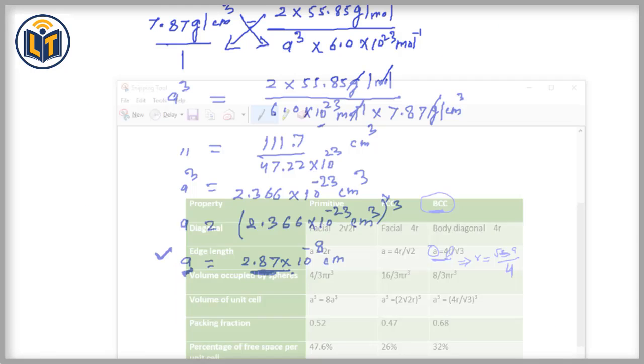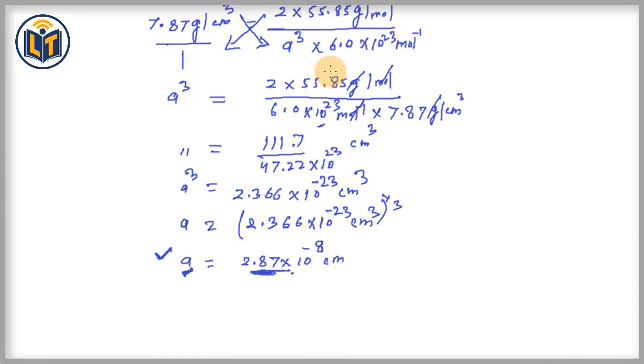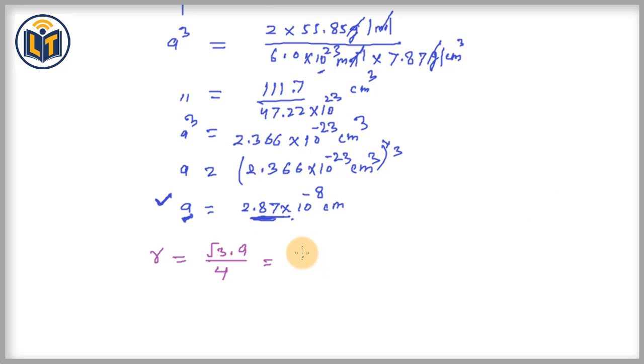Now let me write that formula and plug in the A value. R is equal to root 3 A upon 4.